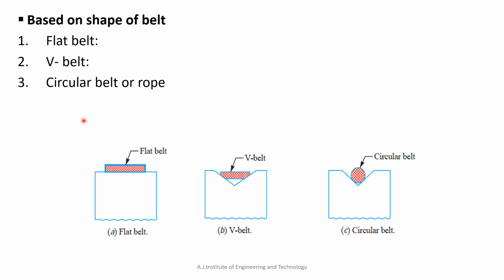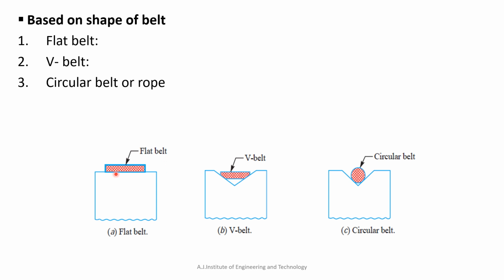Next, based on the shape of the belt. I already explained the shape. The flat belt is mainly used for distances up to 8 meters. If the distance between the driving and driven shafts is up to 8 meters, then we can use the flat belt.